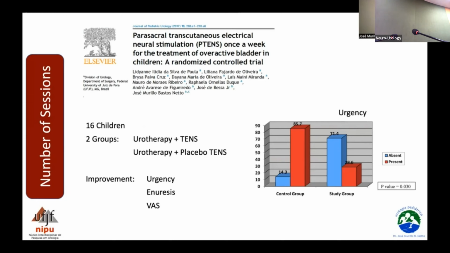So if we add standard urotherapy plus parasacral TENS, compared to placebo TENS plus standard urotherapy, we had improvement in urgency, also symptoms of enuresis. And the visual analog scale answered by the parents was also better in the group of TENS. Therefore, one session a week, it's worth it.